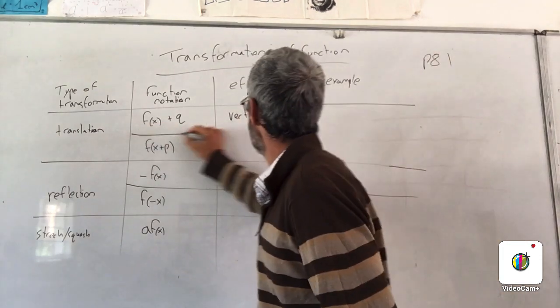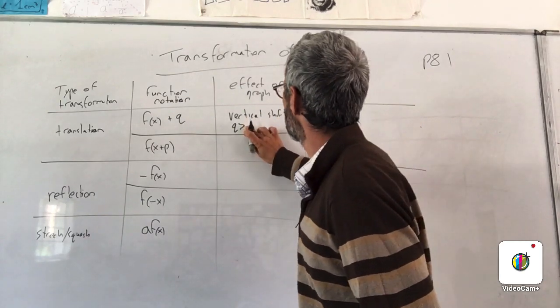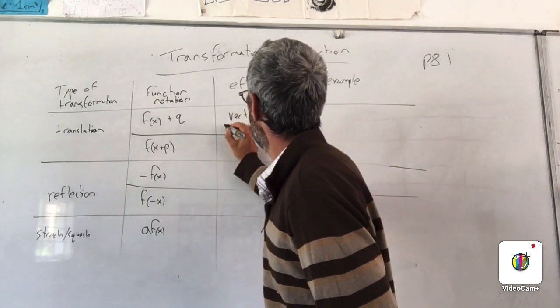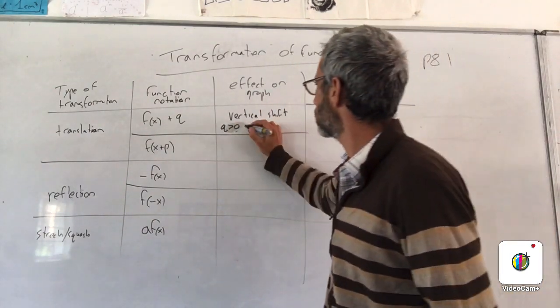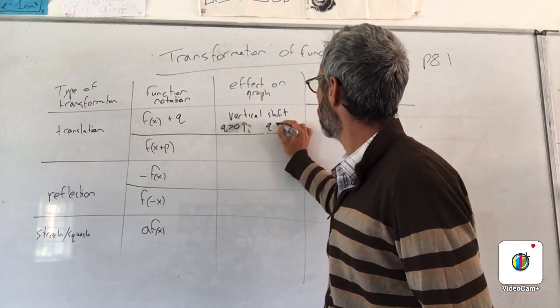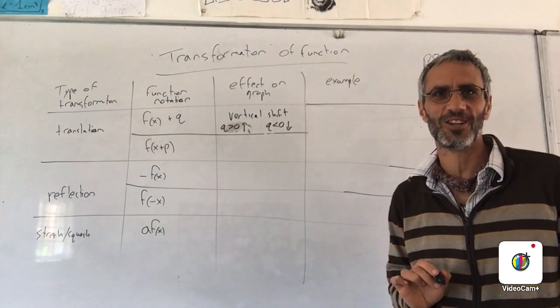Let's write it down here. If q is larger than 0, which way is it going? Up. If q is smaller than 0, it is sinking, it is going down.